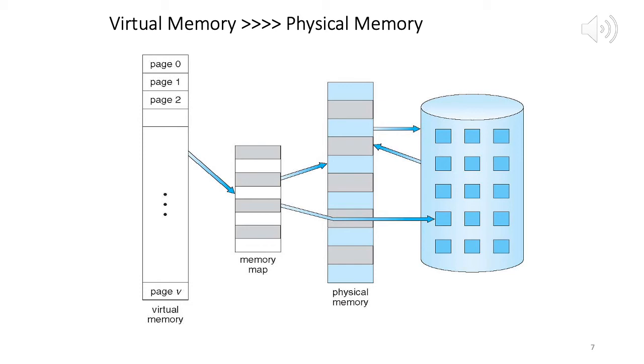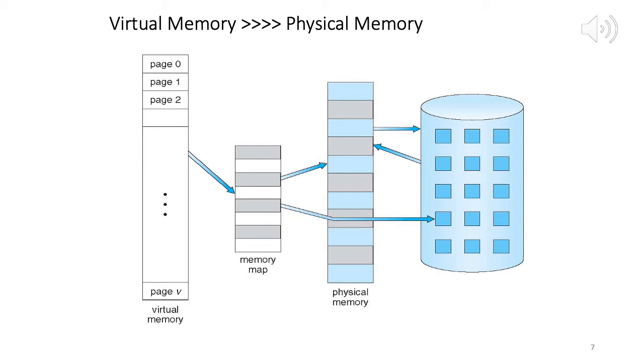So the virtual address space of a process refers to the virtual view of how a process is stored in memory. It exists in contiguous memory going all the way from 0 to V. Okay. And for physical memory we divide it into frames.